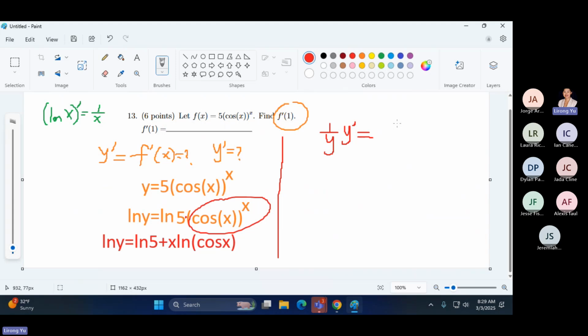Now, the right side of the equation, we have to differentiate one term at a time. Natural log of 5 has no x or y in it. Natural log of 5 is a number, and the derivative of a number equals 0. So that is 0 plus. Now we have to find the derivative of this.